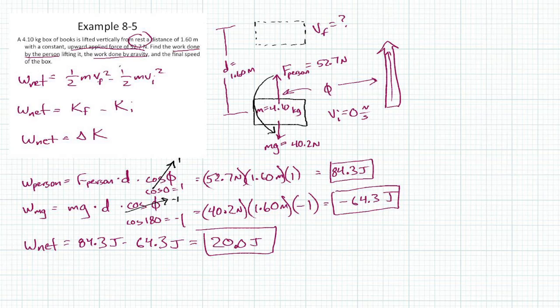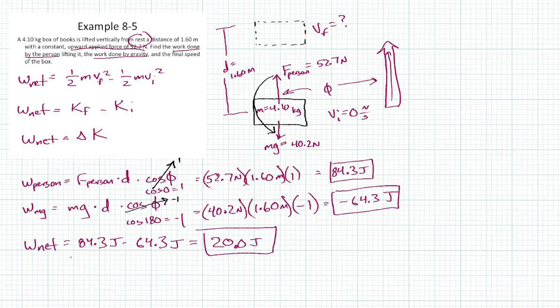The last part of the question asks us, what is the final speed of the box? Well, we just derived an equation where we relate work to mass and speed, a couple slides ago. That was our work-kinetic energy theorem.